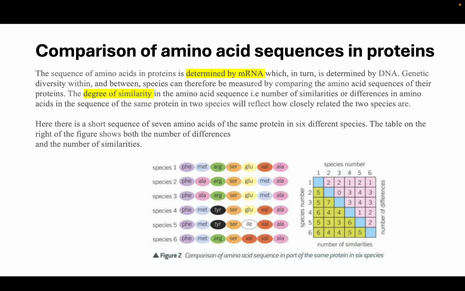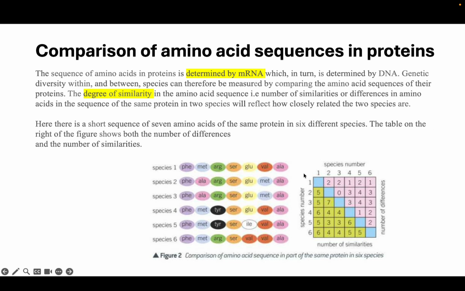So if you just take a look at the top right, for example, you can see how species 6 and 1 only have 1 difference. Specifically, the 5th amino acid is valine in species 6, while it's glutamate in species 1, for example.